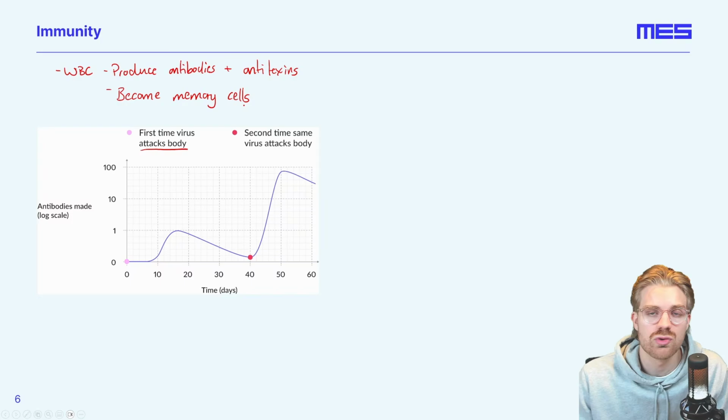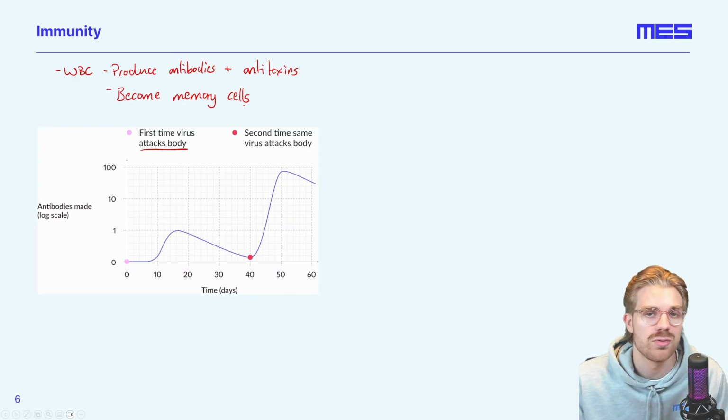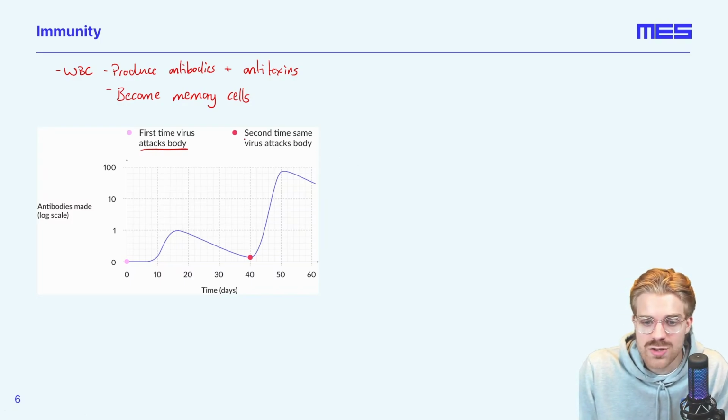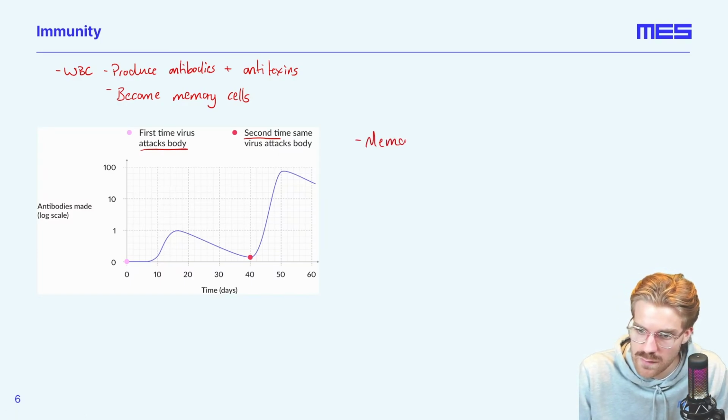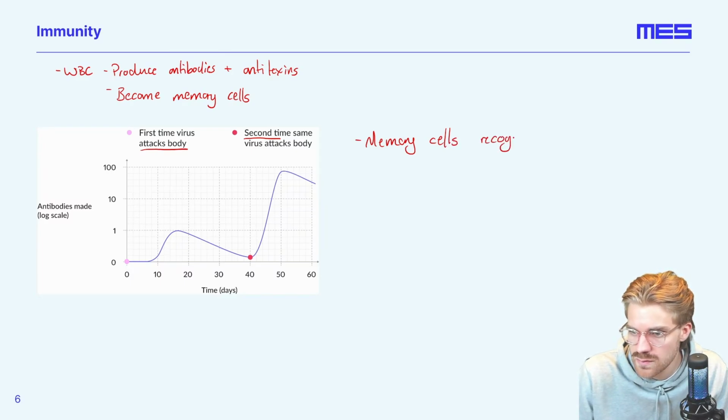The memory cells will recognize those markers and be able to respond more rapidly. So the second time that the body is attacked by a virus or other pathogen, the memory cells recognize the antigens and respond rapidly.